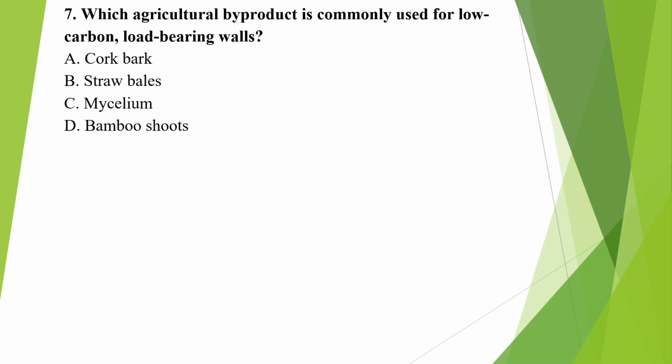Let's see who can answer this question correctly, and who can answer first as well. I hope the question is very clear to all of you. It is talking about walls.